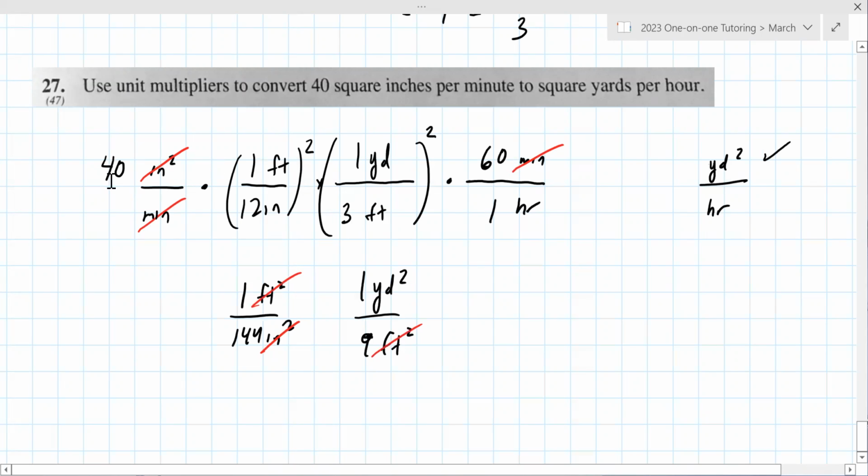Okay, so you see you're down to your units here. You can enter in the calculator 40 times 1 divided by 12 in parentheses squared times 1 divided by 3 in parentheses squared times 60, like that.